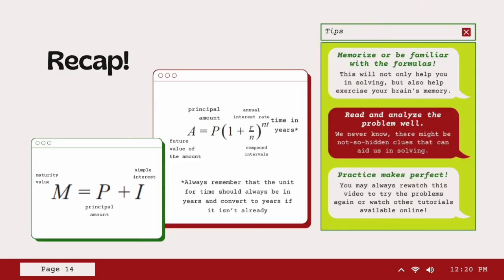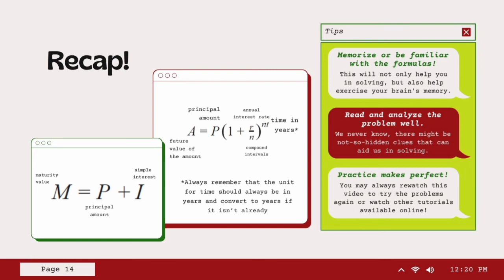Let's have a recap. We have learned two formulas today that are related to compound interest, and they are the maturity value formula, M equals P plus I, and the basic compound interest formula, A equals P times quantity 1 plus R over N to the power of NT.